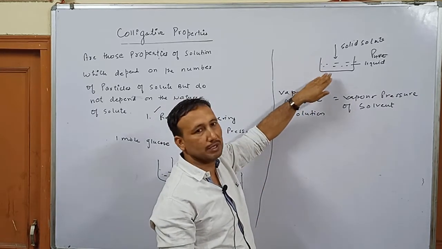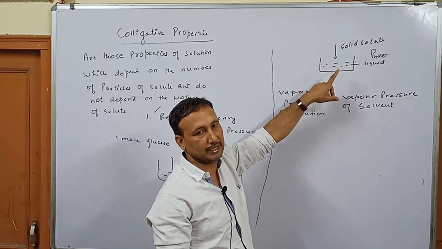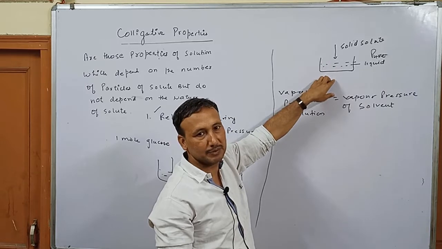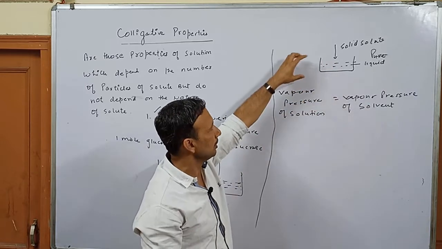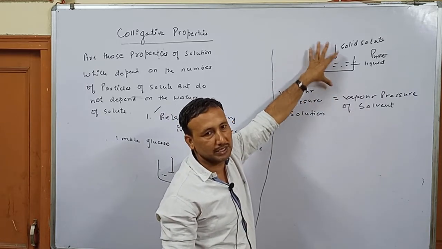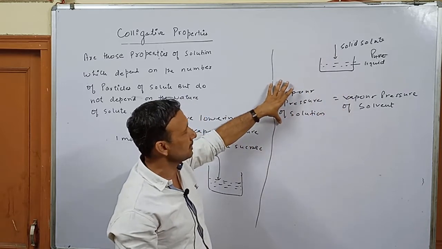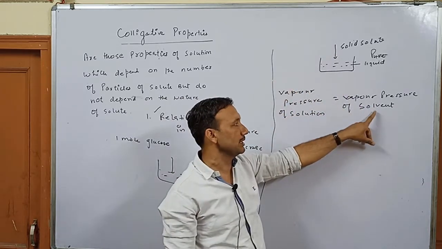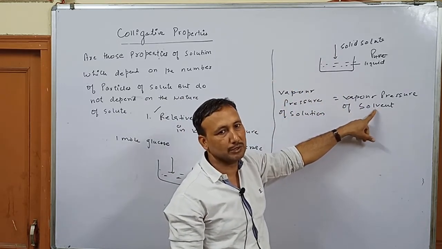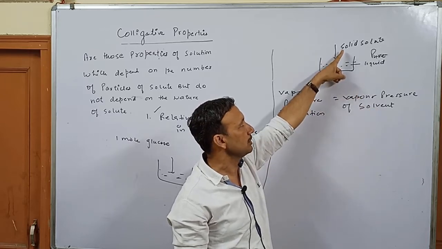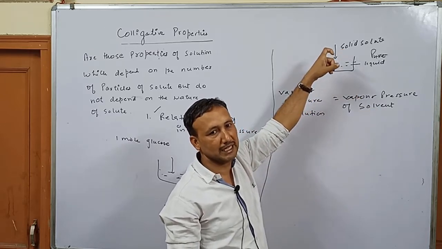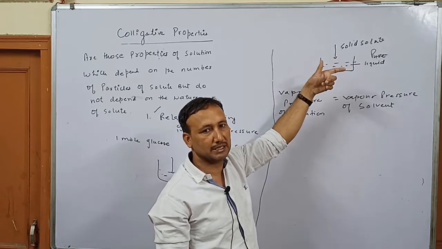Vapors are formed only of this pure solvent, that is the liquid, which is volatile in nature. Now, on dissolving this solid solute in the pure solvent, the vapor pressure of solution will depend upon the vapor pressure of solvent only, because this solid solute is non-volatile in nature and cannot vaporize.